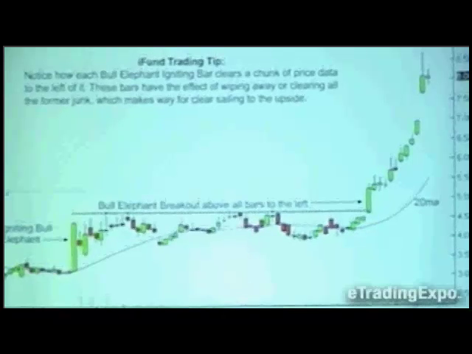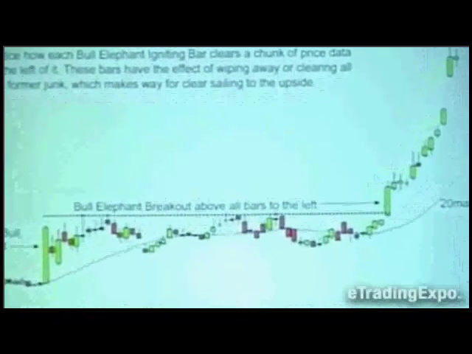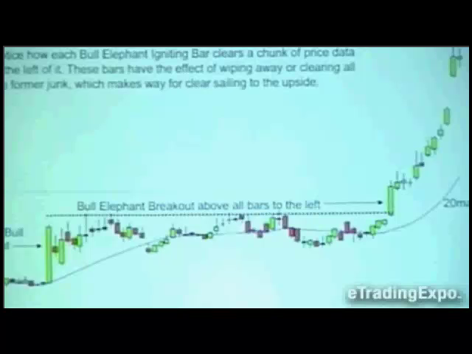They're taught to sell into elephant bars way above the 20. They're taught to buy into elephant bars at or near the 20 or below the 20. So they'll buy an elephant bar below the 20. They'll buy an elephant bar near the 20, but they'll sell elephant bars way away from the 20. And this is their profit objective, their profit goal.